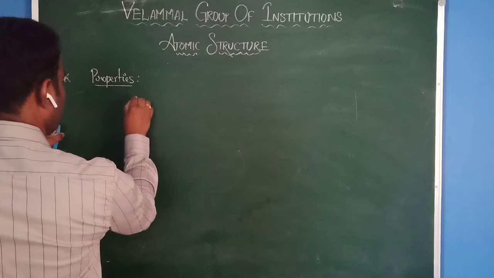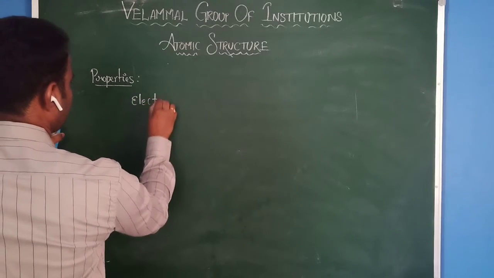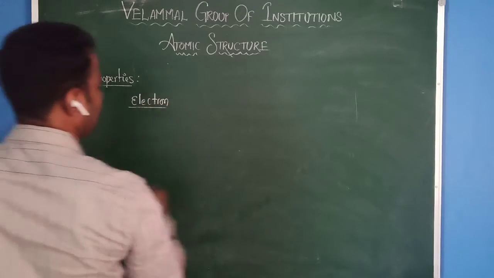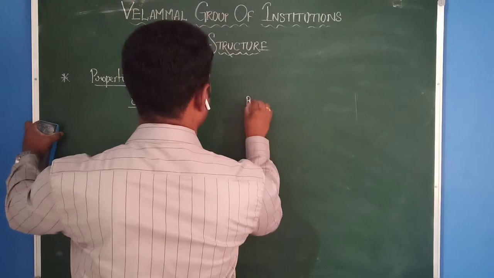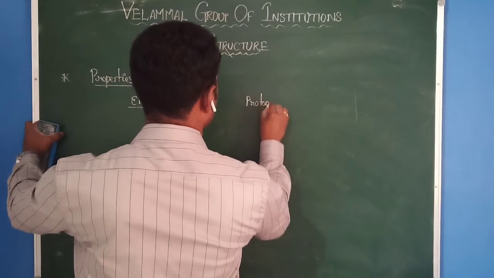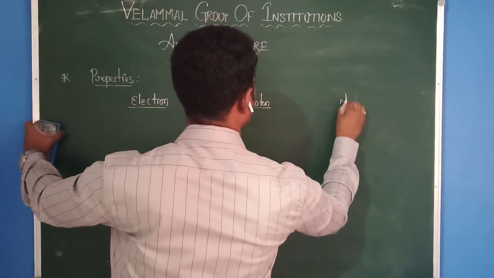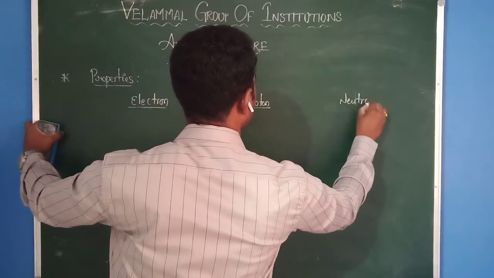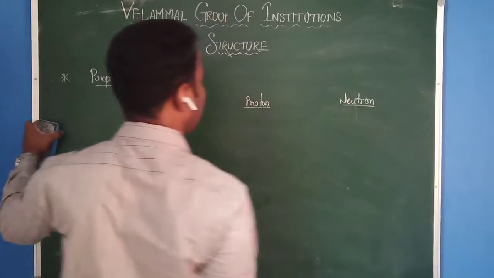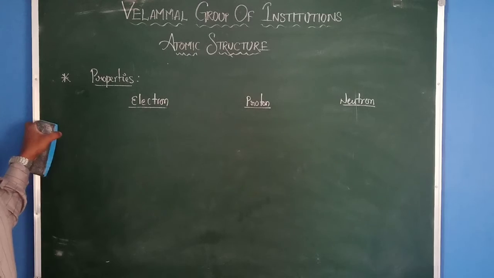First one, electron. Next one, proton. And next one, neutron. Briefly we are comparing the properties of the electron, proton and neutron.